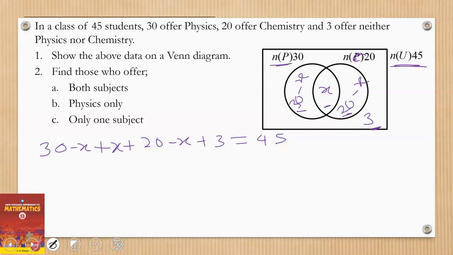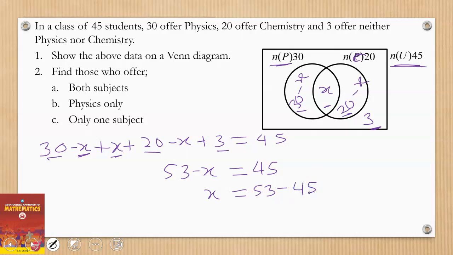Then we make X the subject. Again, negative X plus X here will give us 0. 30 plus 20 will give us 50, plus 3 will give us 53, minus X is equal to 45. Then trying to make X the subject, we group items, and we have X is equal to 53 minus 45.